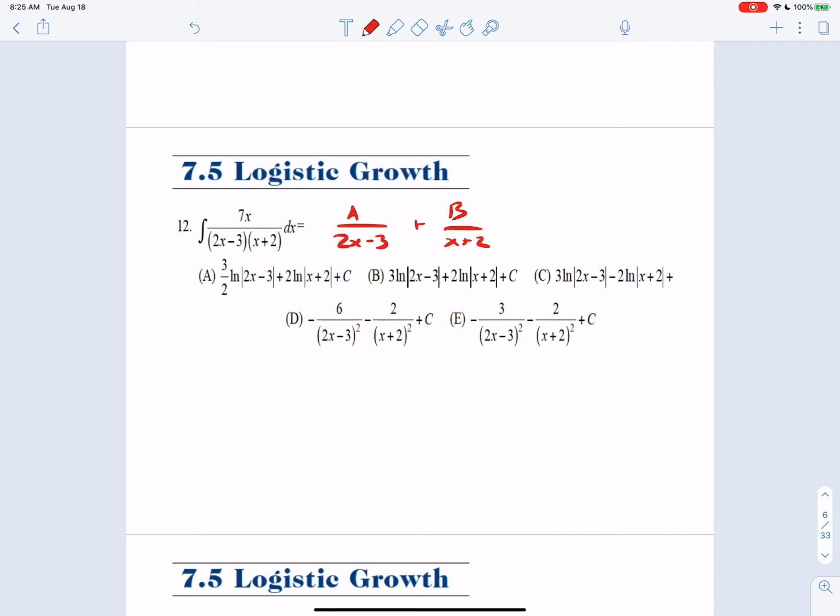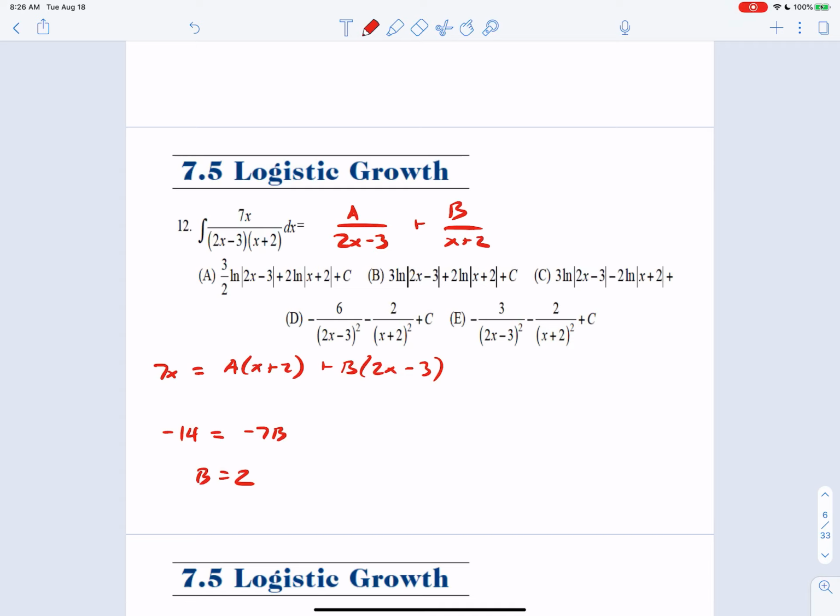If I multiply everything out, I should get 7x equals A times x plus 2 plus B times 2x minus 3. If I let x equal -2, I will get -14 equals -7B. So that tells me that B is going to be 2.